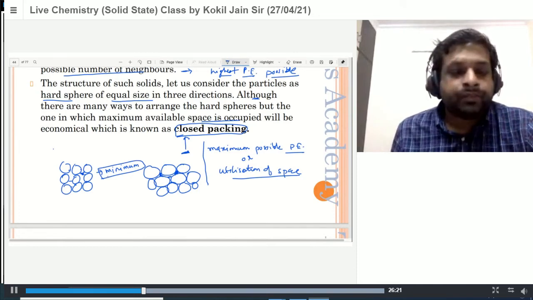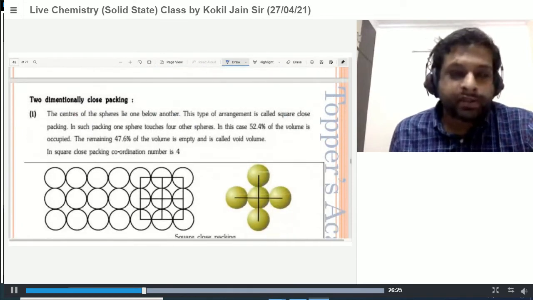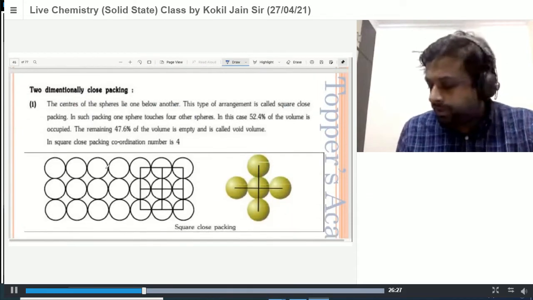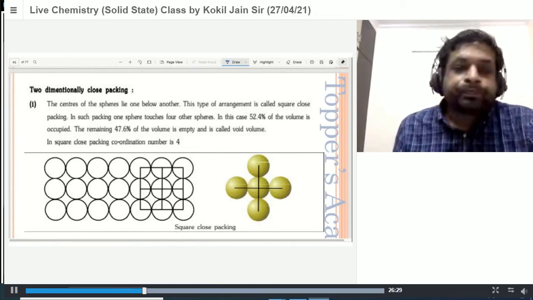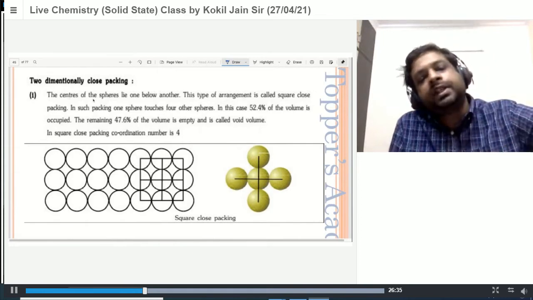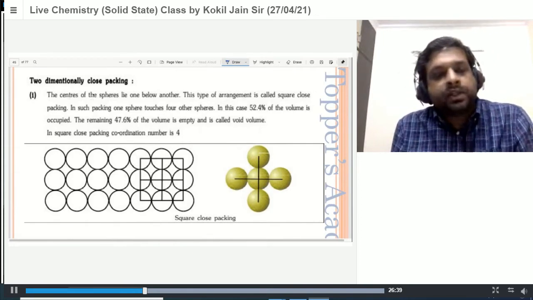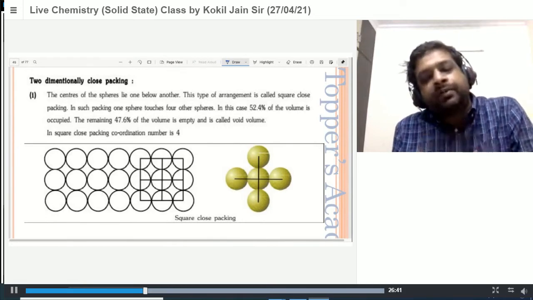First, we will try the two-dimensional close packing. Here, what we are seeing is that the arrangement of the atoms is different only in two dimensions; they are going to be the same above it.